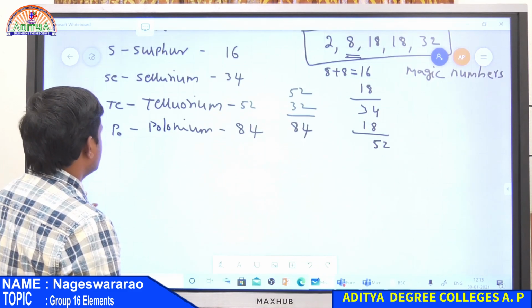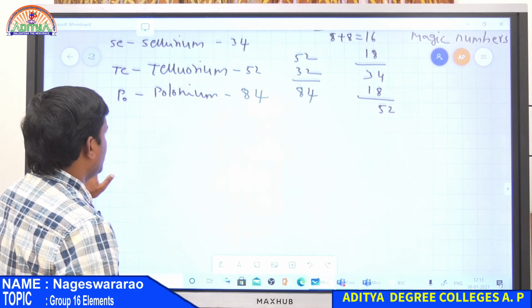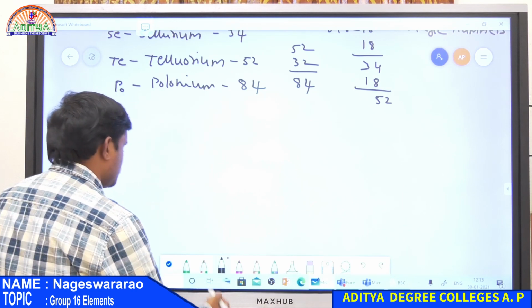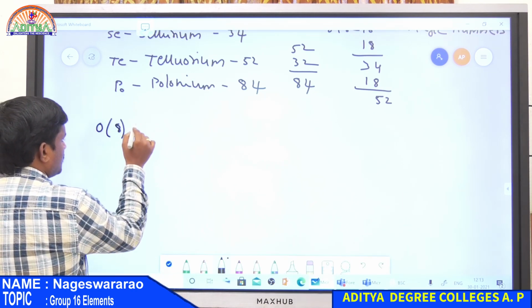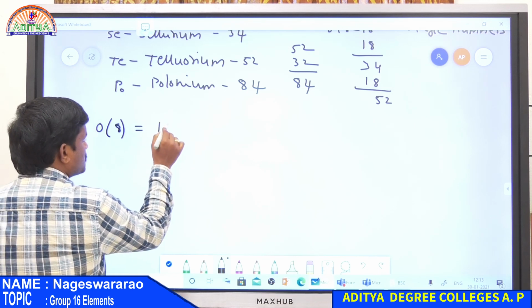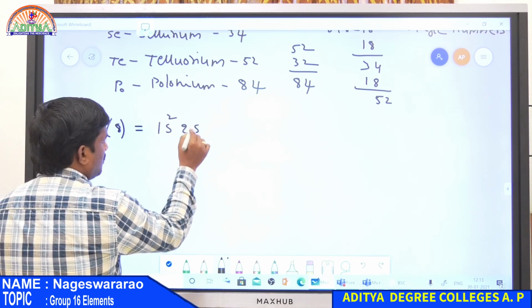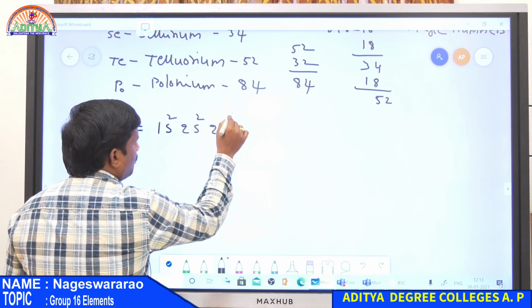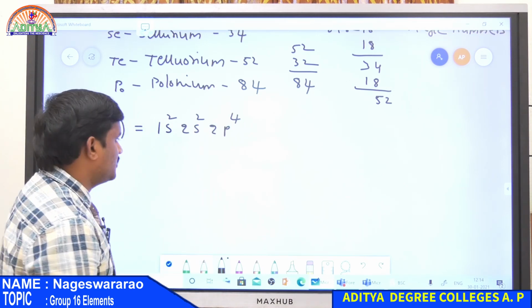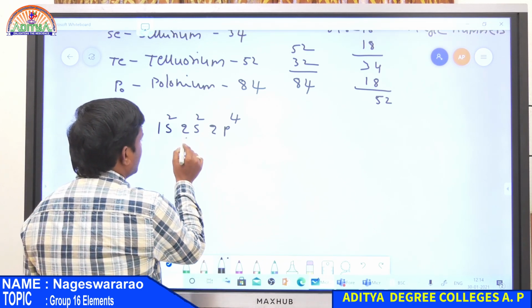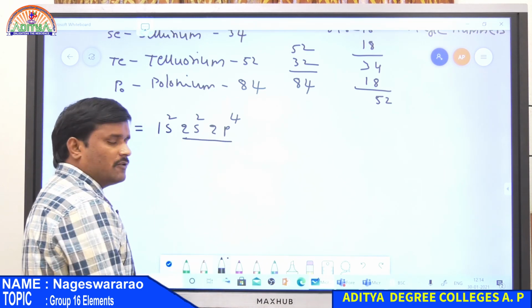First of all, the electronic configuration of oxygen. Oxygen has atomic number 8, so it has 1s2, 2s2 and 2p4. 2 plus 2 plus 4, totally 8. Therefore the outer electronic configuration is 2s2, 2p4.